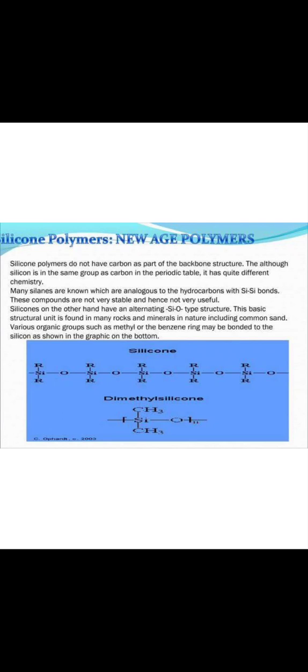Silicones, on the other side, are hard and have a good typical structure, and here the very important structural unit is found in many types of minerals, rocks, and even in sand.